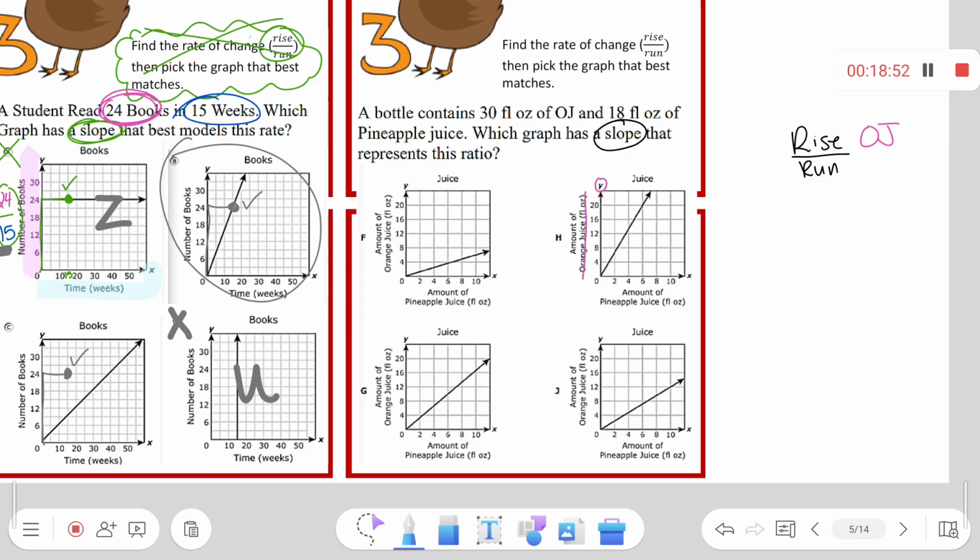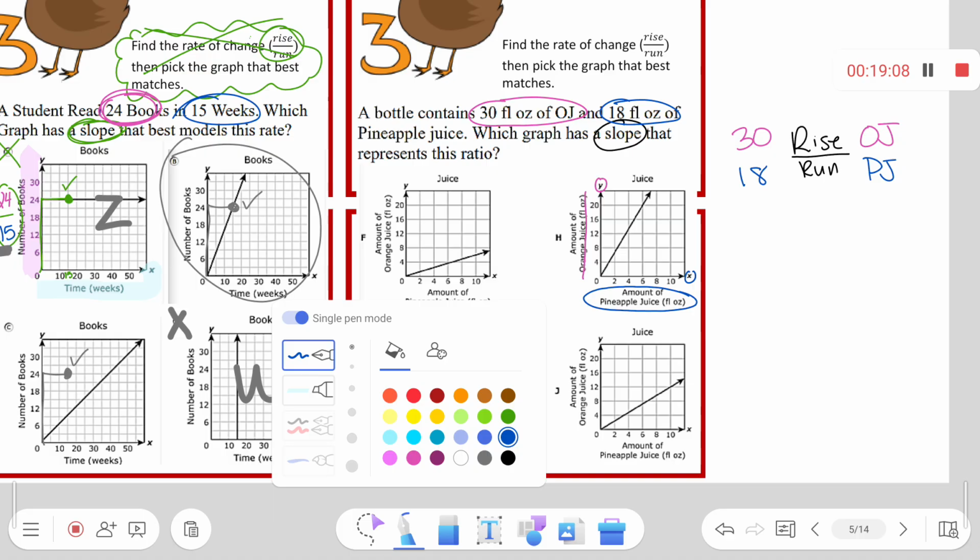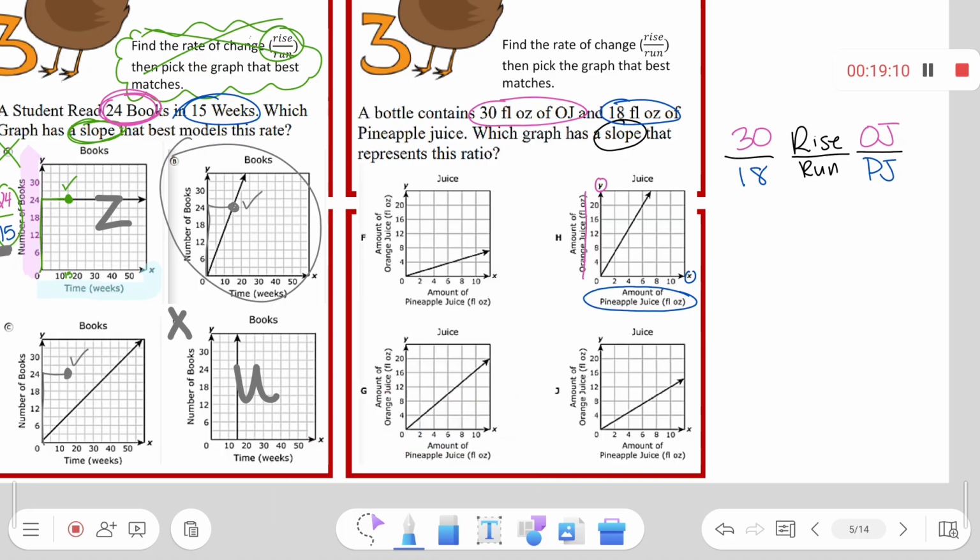And they told us that we had 30 ounces of orange juice. The run, X, talks about pineapple juice. And they told us that we had 18 ounces of pineapple juice. So rise over run, or orange juice over pineapple juice, is 30 over 18.